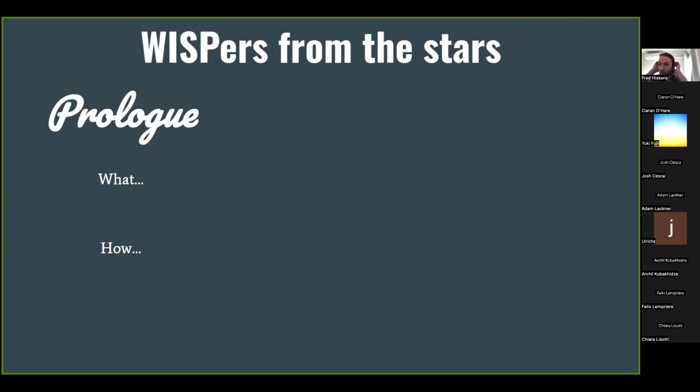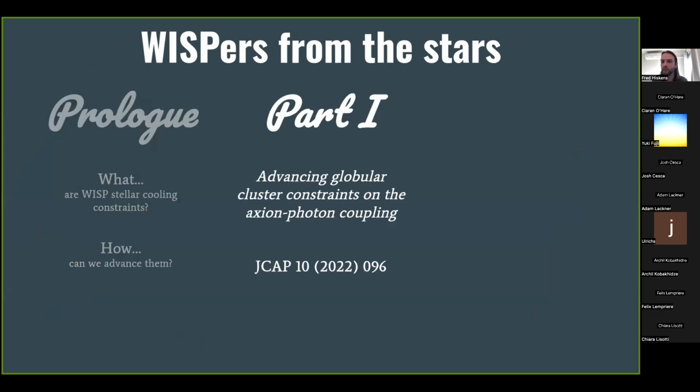So by way of structure, I'm going to start the talk with a prologue, which covers the whats and hows of advancing stellar constraints on WISPs, i.e. answering the questions, what are WISP stellar cooling constraints and how can we advance them? And then I'm going to speak about two of the bounds that Matt, Ray, and I have developed over the last couple of years. So starting off with an updated limit on the axion-photon coupling, which is based on the paper Advancing Globular Cluster Constraints on the axion-photon coupling that was published in JCAP in 2022.